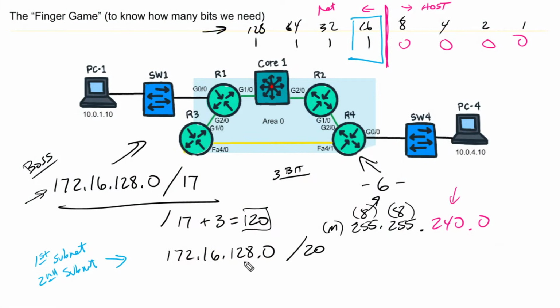Then you add the block size again and again and again, and that's going to show you all the literal subnets you're creating. So in this 3rd octet, which is where the mask ends, we take the block size of 16, and the next subnet is 172.16 dot, and we take 128 plus 16. And I'm going to do the long math here.